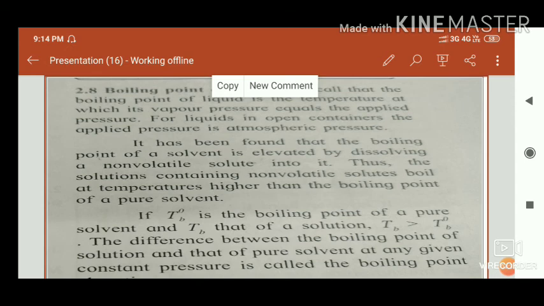Here we do not apply any external pressure and therefore the applied pressure means the atmospheric pressure, means at the boiling point the vapor pressure of the liquid becomes equal to atmospheric pressure.